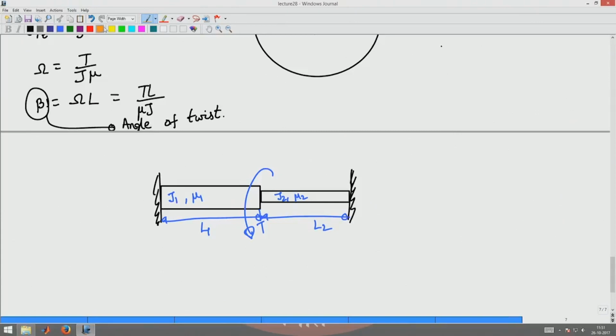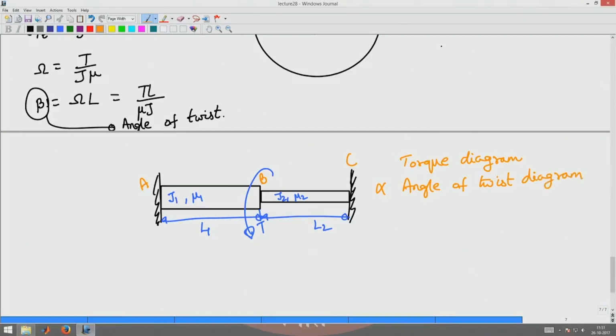Let us also label this A, B and C. I am interested in finding the torque diagram and the angle of twist diagram.